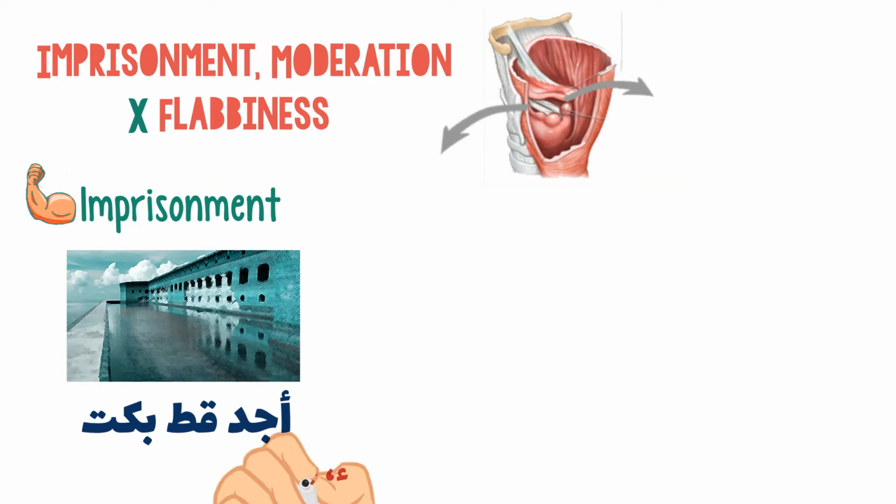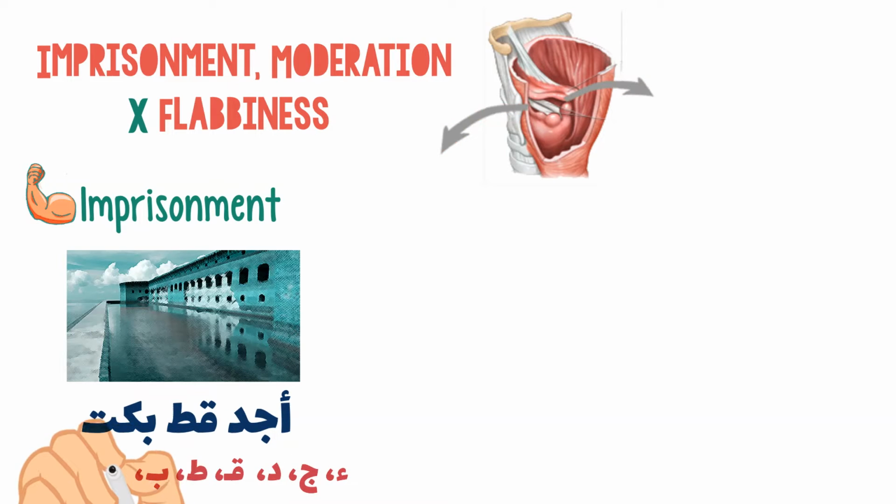Like when I say aj, ad. Now you knew that the letters were jim and dal. Also, if I said at, you don't know which letters. While if I said ak, at, now you knew that the letters were kaf and ta.